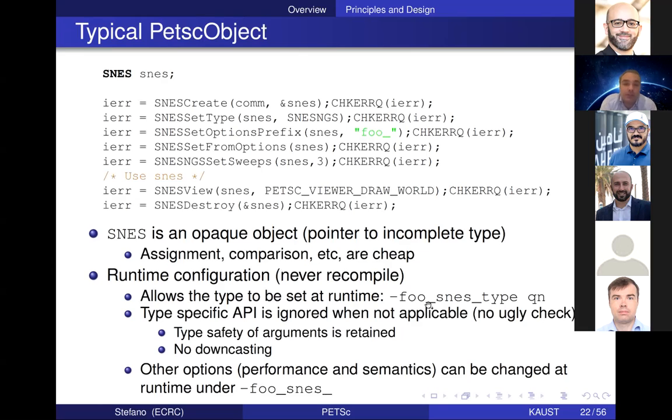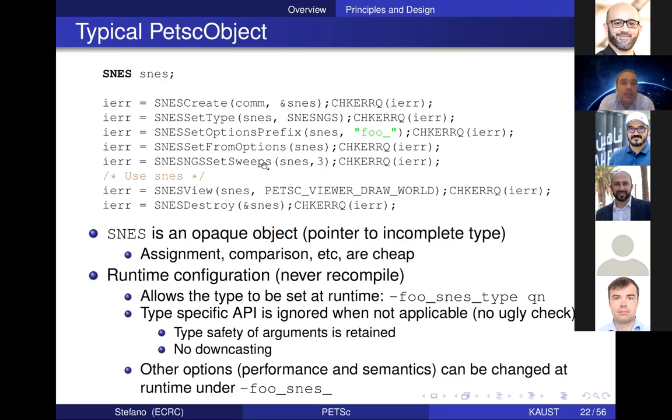So for example, if at runtime I specify that I want a SNES type of QN, which stands for quasi-Newton, then from this point on, the SNES object will no longer be a nonlinear Gauss-Seidel object, but will be a quasi-Newton solver.